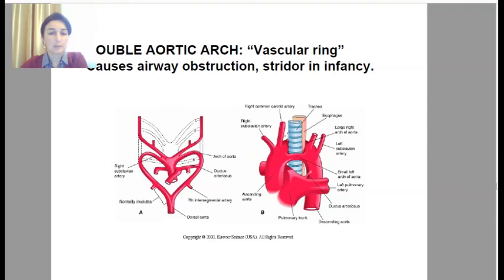And there may be a double aortic arch, that's also one of the malformations, and through this will pass the trachea and the esophagus, and the arch of aorta may be subdivided into two parts, and from them will flow blood.